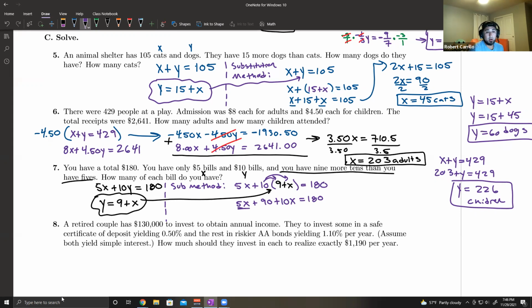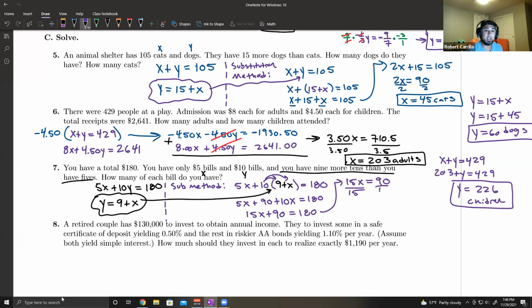Now we can add our x's up, and you'll have 15x plus 90 equal to 180. Move that 90 over, and we'll have 15x equals 90.